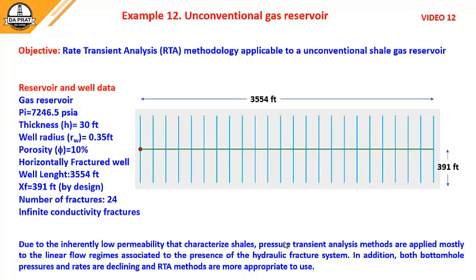So even though we may do some pressure transient analysis, it is quite uncommon to reach radial flow and other flow regimes. Instead, we're having linear flow, bilinear flow related to the fracture and the communication of the fracture to the reservoir.